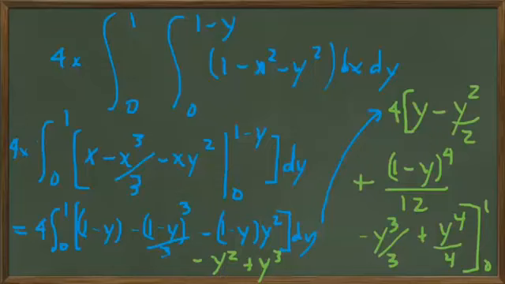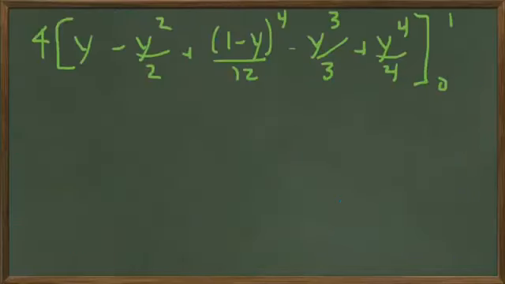So let's copy all this over onto the next blackboard. When we plug in the 1 and the 0, all of the terms except 1 are going to be 0 at 0.